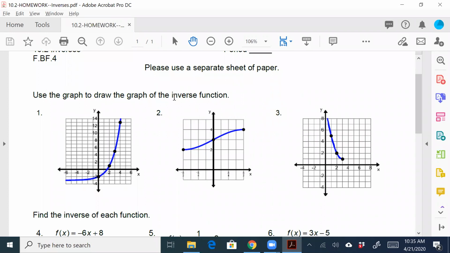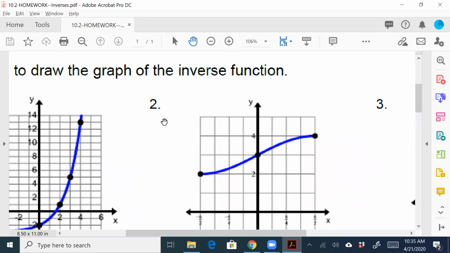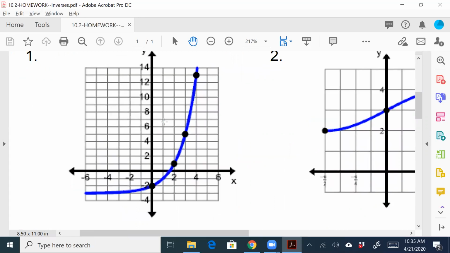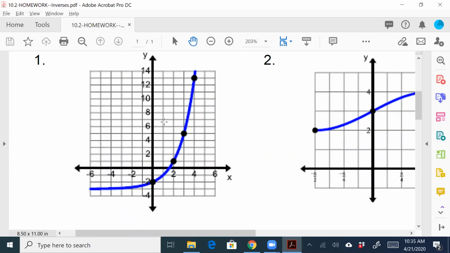So, basic idea of the inverse is to switch x and y. And so, if we look at number one, this point down here at the bottom is 0, negative 2.